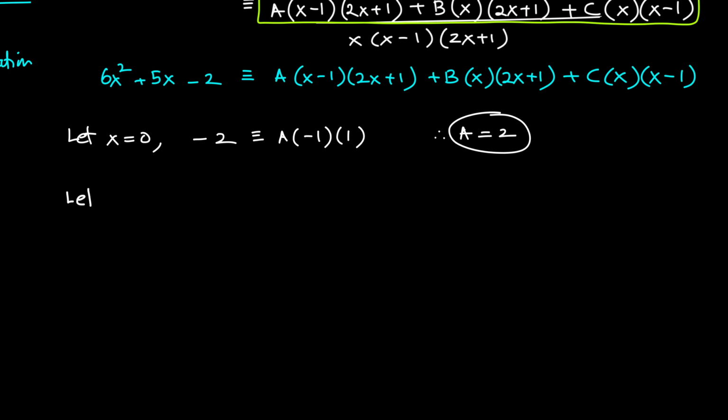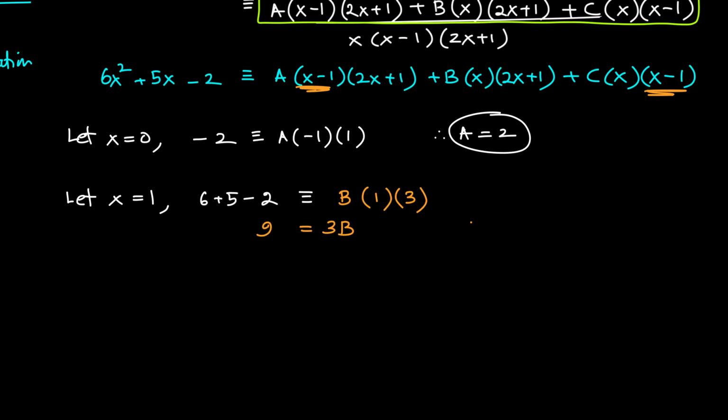Let's choose x equals 1. 6 plus 5 minus 2, that is equal to, which two brackets will disappear? X minus 1, and we are only left with b multiplied with 1, and this is 3. So therefore 9 equals 3b. Therefore b comes out to be 3. That is the second constant.